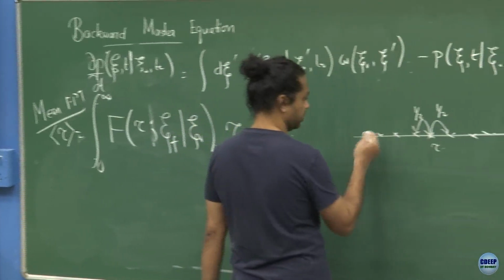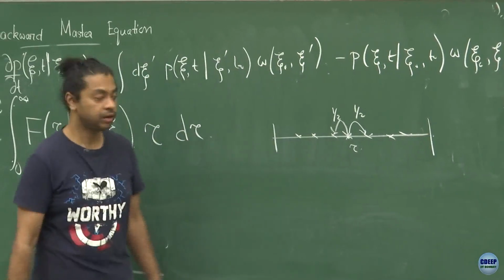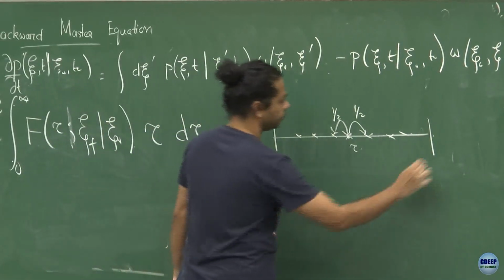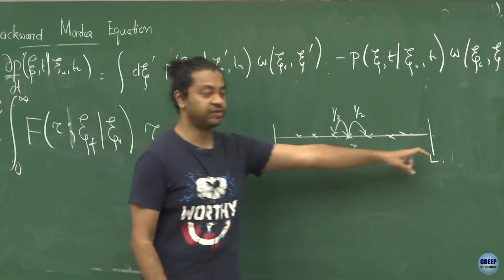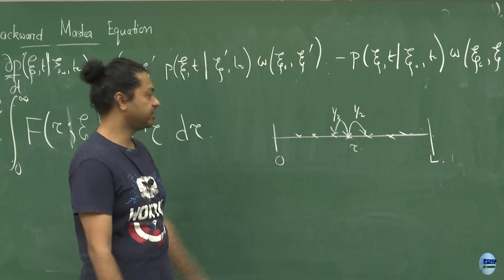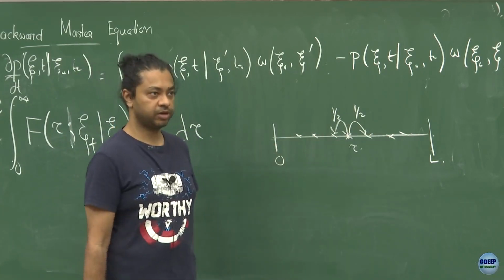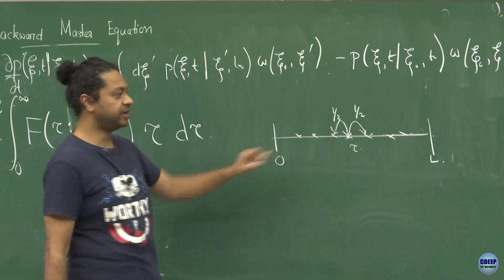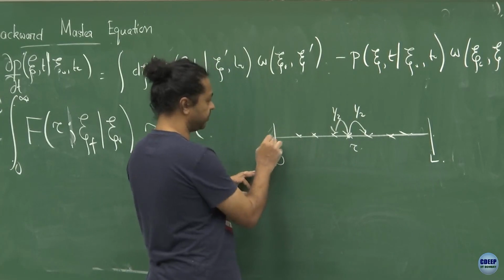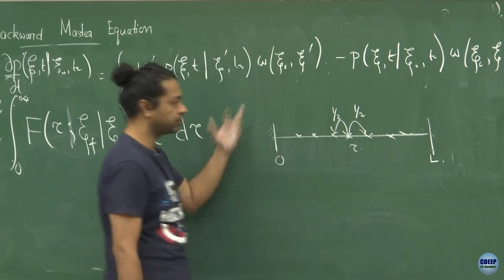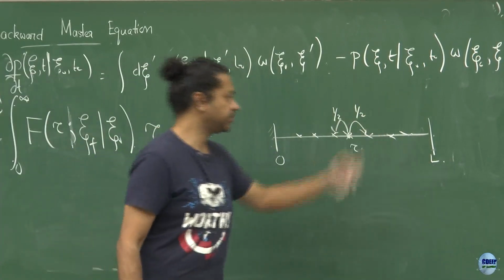So, this is my random walk, and let's say I am in this domain of 0 to L. Let us say both these boundaries are absorbing, and I can ask how long does it take before I get absorbed at one of the boundaries. So these are my final states essentially, or I could have other boundary conditions. I could have this as reflecting and that as absorbing, and then one could ask how long does it take to get absorbed at this boundary.